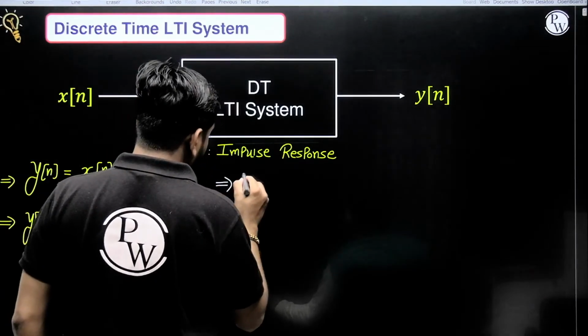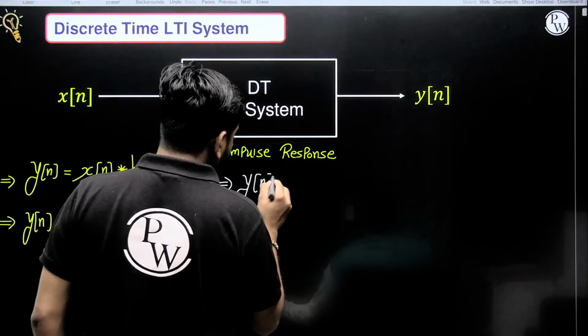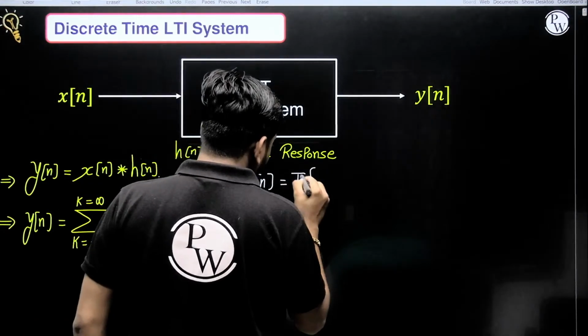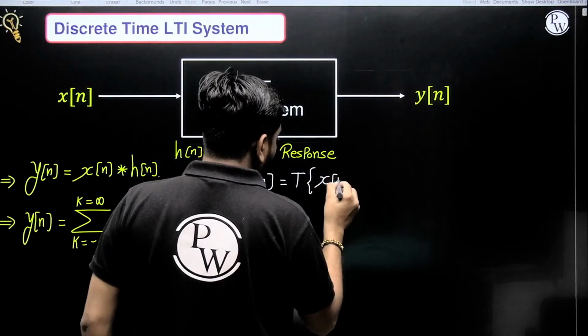Output y of n is the transformation of x of n.